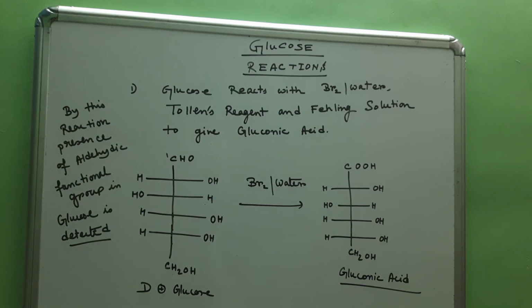So we are going to discuss another very important reaction of glucose. This is oxidation with HNO3, which determines the presence of the primary alcoholic group.